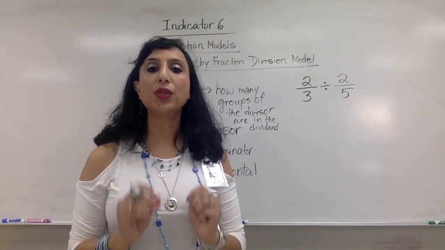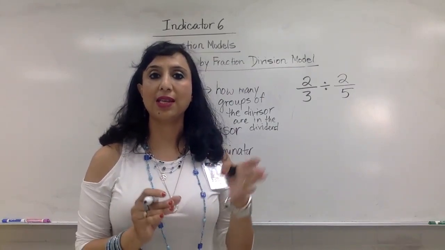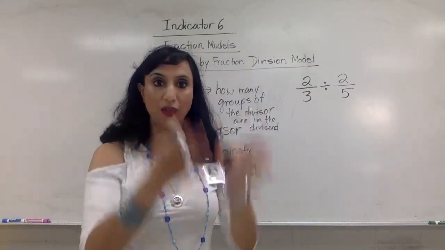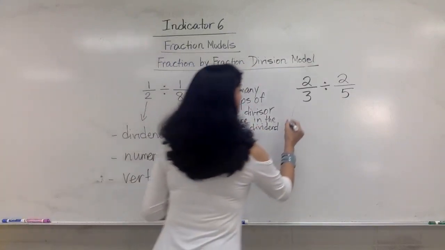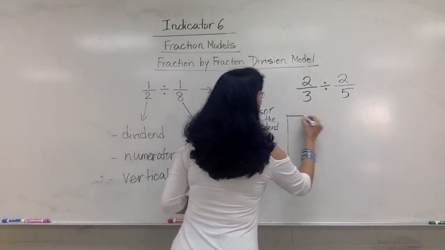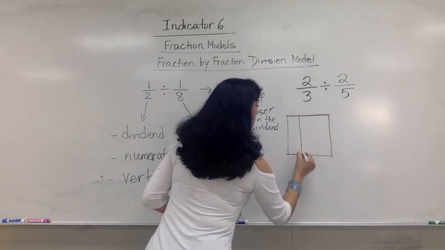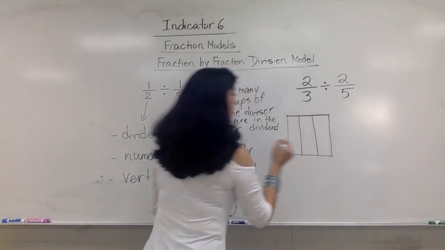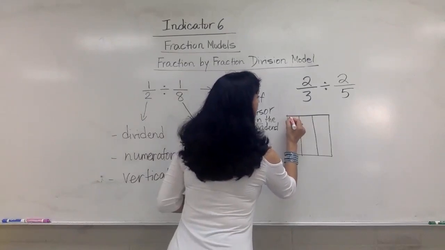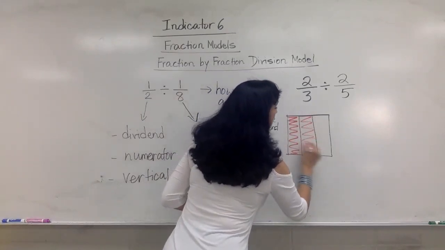So since it's 2/3, my denominator determines how many vertical lines I need to make. So the denominator is 3, so I'm going to make 3 columns. So 2 out of 3. This is 1, 2, 3. I am going to color in 2 out of 3.